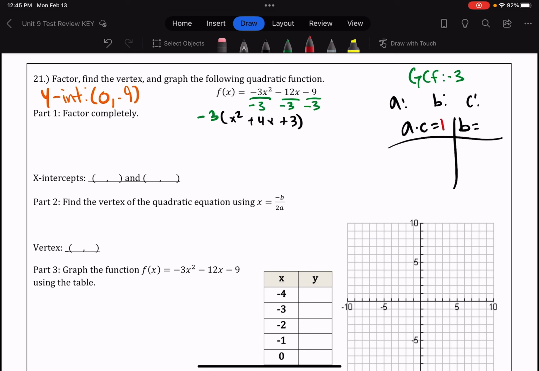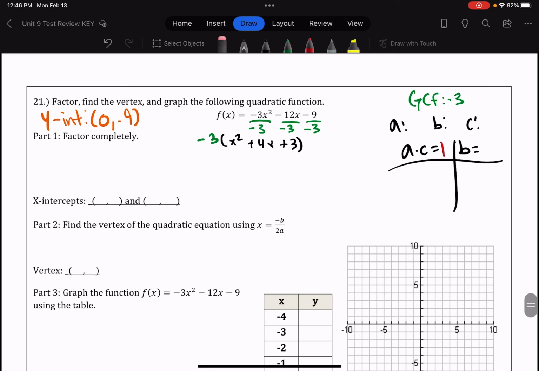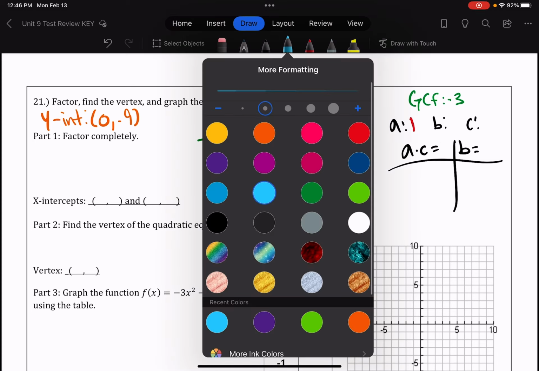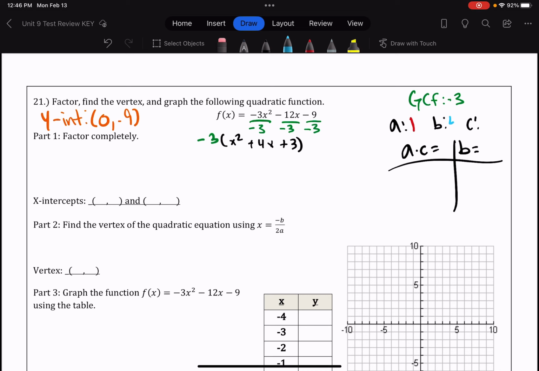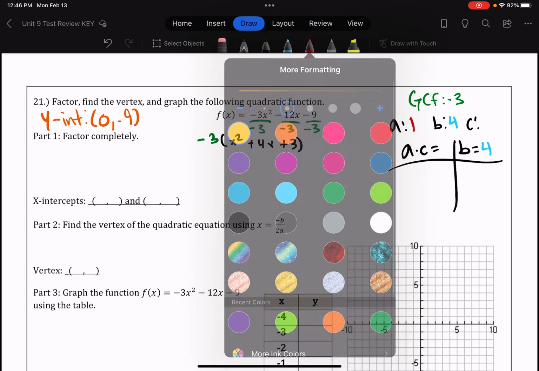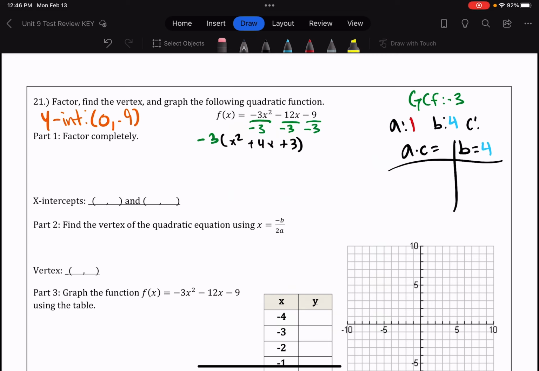I've got an a value of 1, a b value of 4, and a c value of 3.